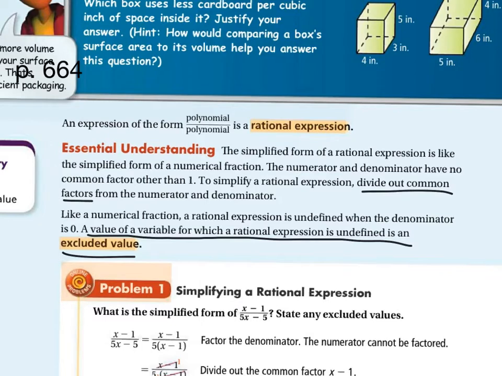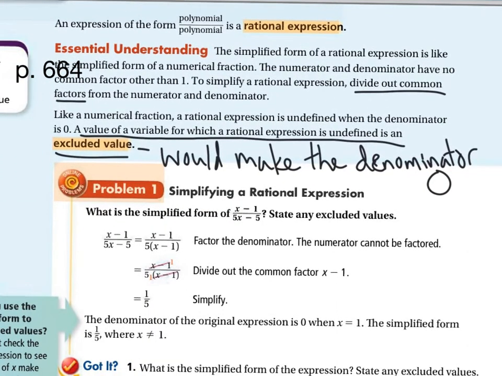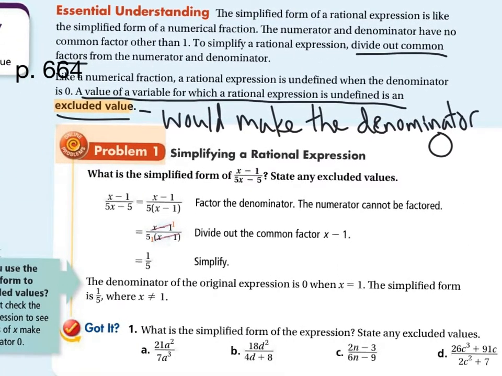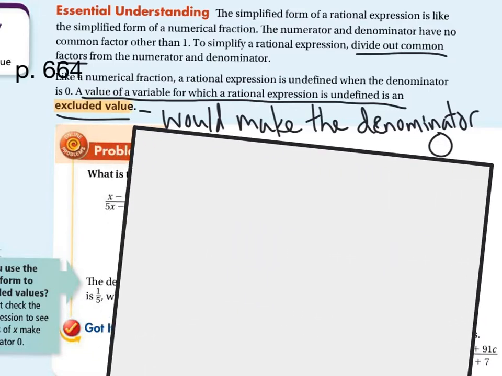Okay, we can't divide by 0, so those are going to be excluded values that we have to just say up front. These are values that the variable could not equal.